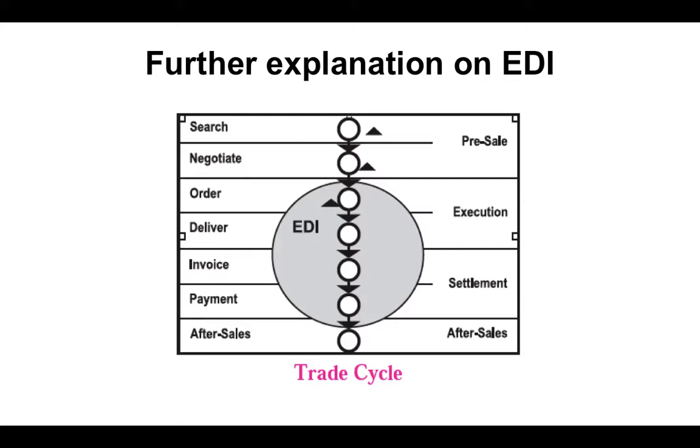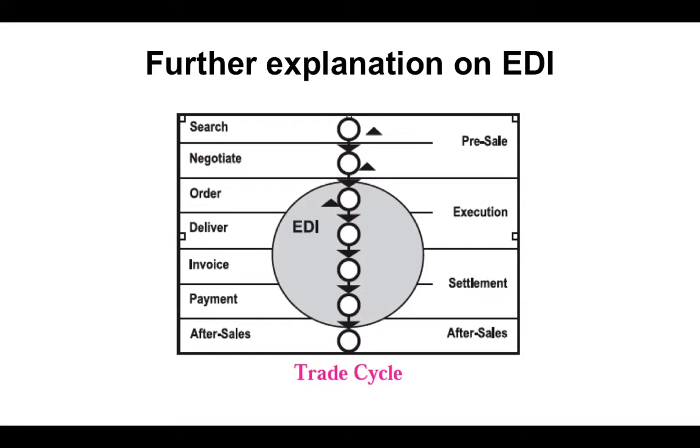Between the school and the shop, the price negotiation has already happened. They have agreed upon the cost of the textbooks. So now whenever the school needs textbooks, they are only going to place the order. The negotiation has been done. They're going to place the order electronically, and the invoice and the payment will be given back to the school electronically.